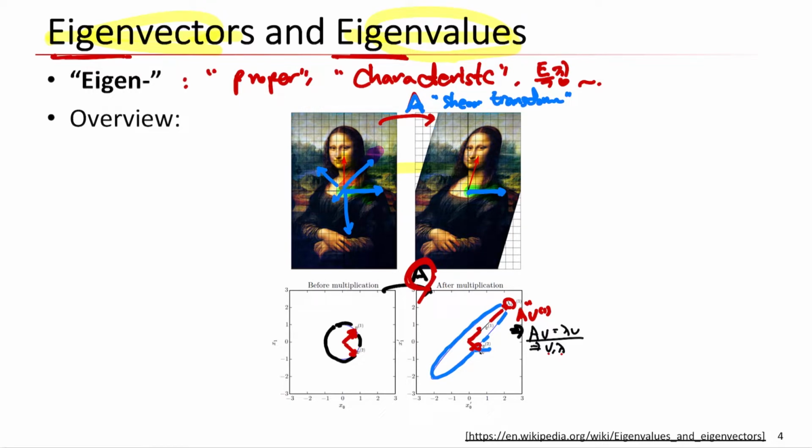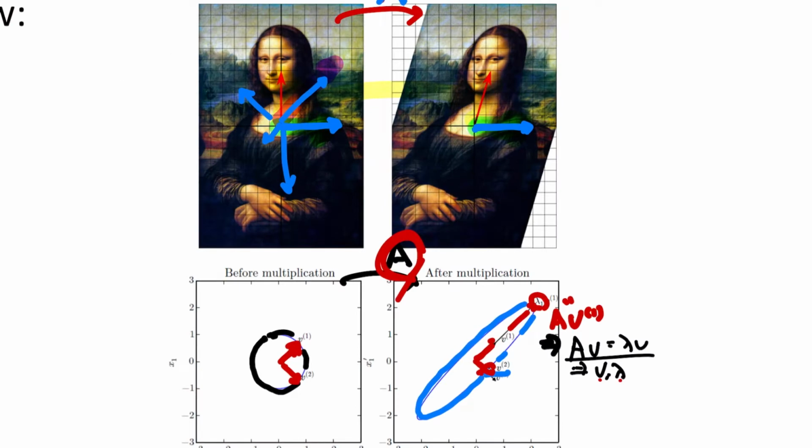So what were eigenvectors and eigenvalues? As you can see here, if we have some transformation A and we want to transform an arbitrary vector in the input space, then each input vector will be transformed to an output vector, something like this, right?